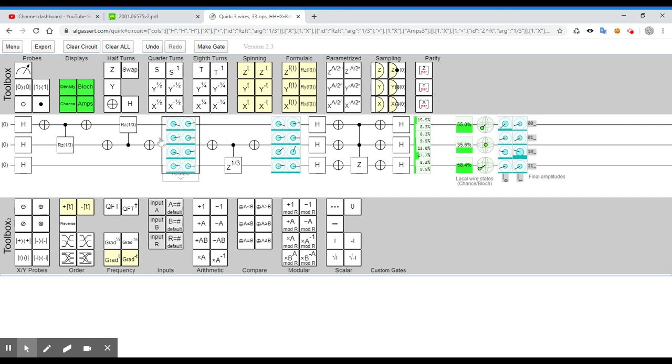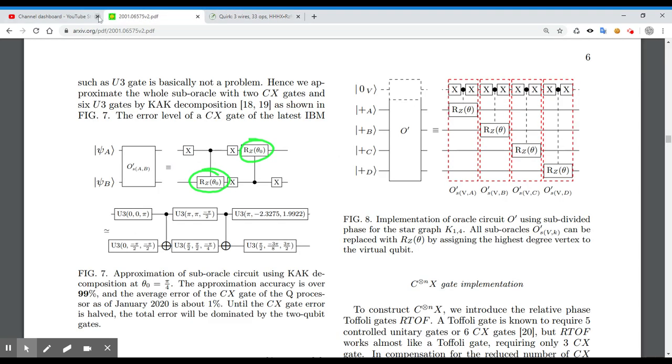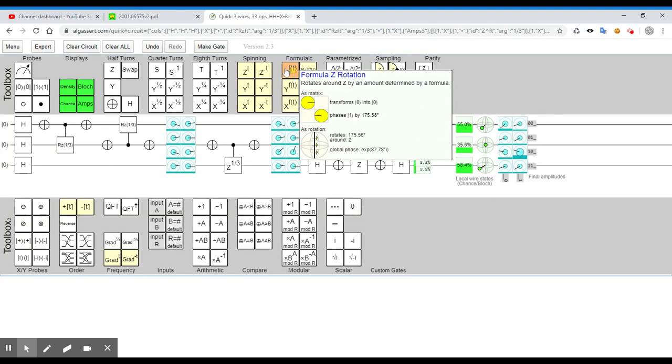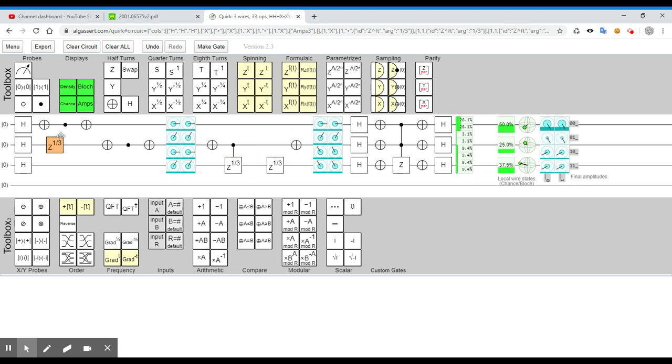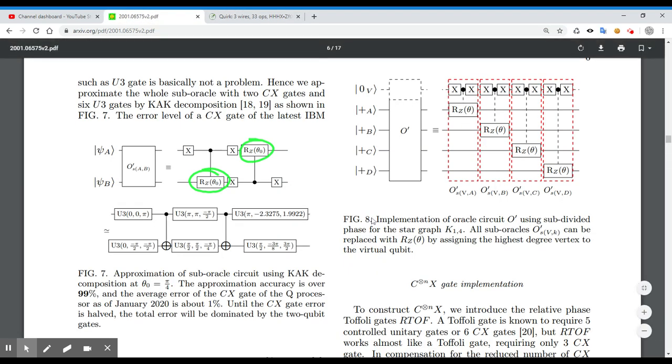No, I mean it rotates around Z by an angle in radians determined by a formula, and I'm using pi divided by 3, where this says rotates around the Z by an amount determined by a formula. Yeah, I don't know. Might be just a notation thing. Anyway, let's go ahead. But that works. It kind of checks both ways.